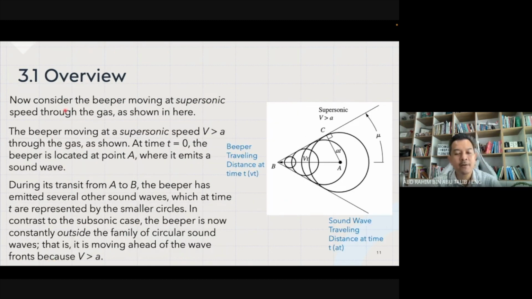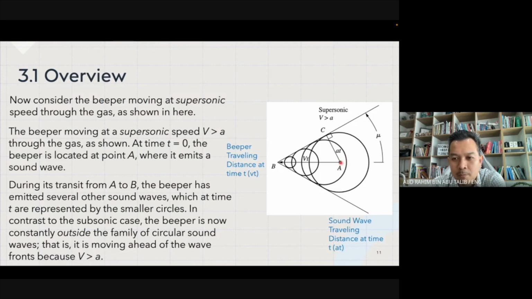Now consider the other condition, supersonic speed through the gas, where the beeper moves at more than the speed of sound. At time t, at point A, it emits a sound wave.